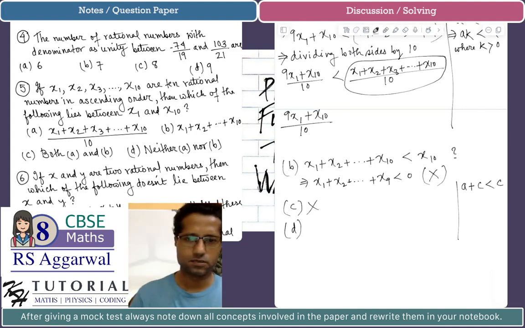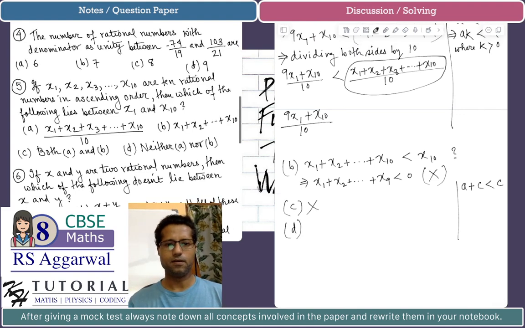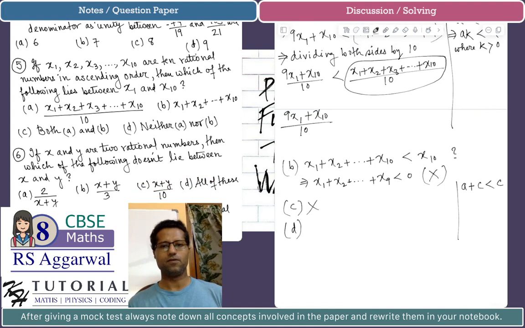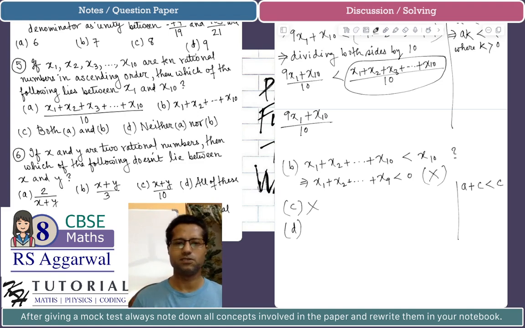Let's give it another try. So definitely we have already eliminated choice B. Choice B will not lie between x1 and x10. So that means choice C is not correct. Choice B is not correct.